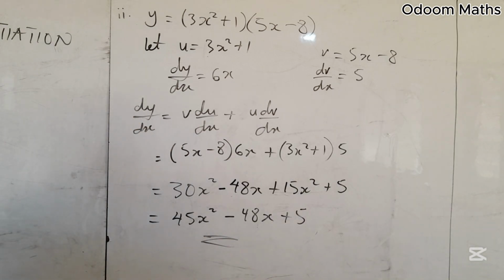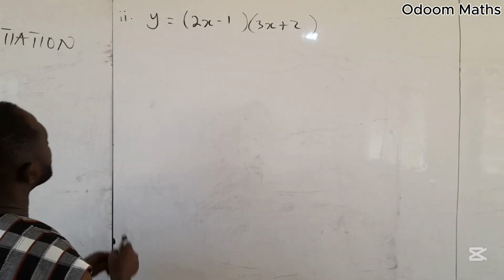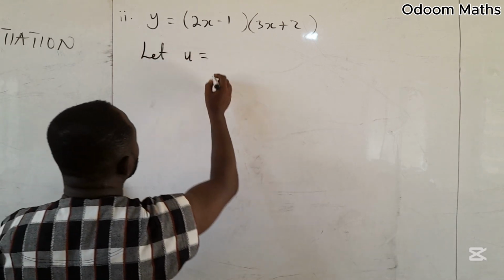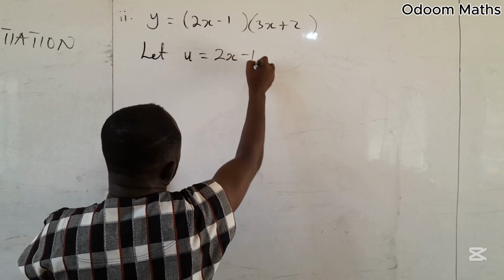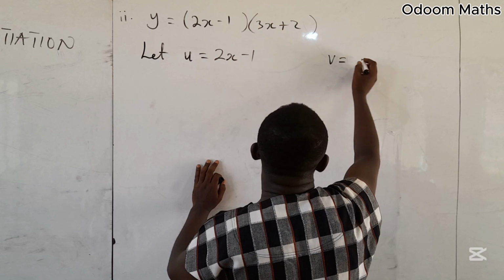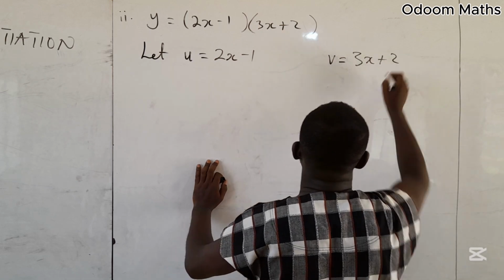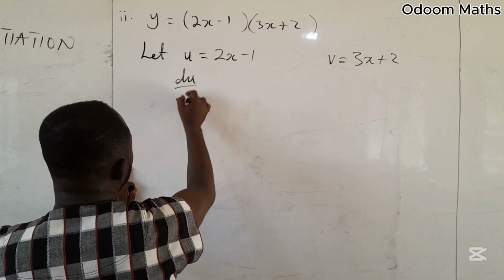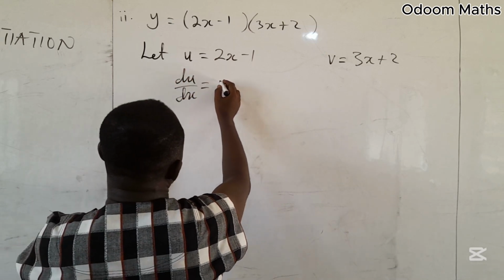Now let's take the second example. The same way, let my u equal 2x minus 1, and then my v will also be 3x plus 2. So that's uv. With this, my du dx becomes 2.